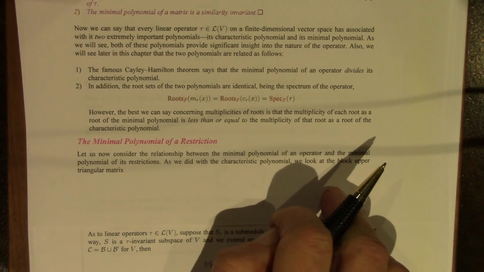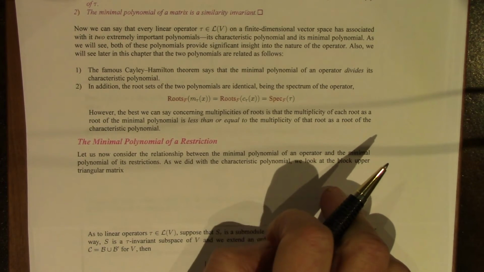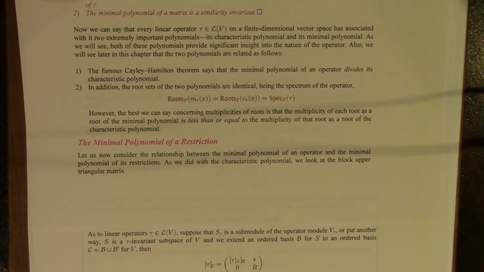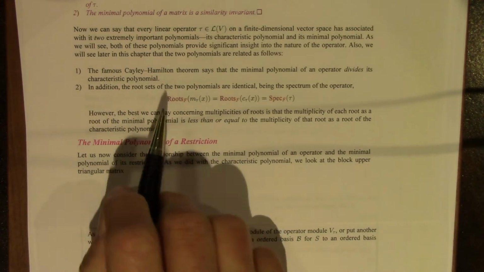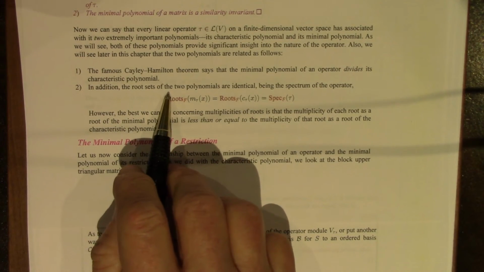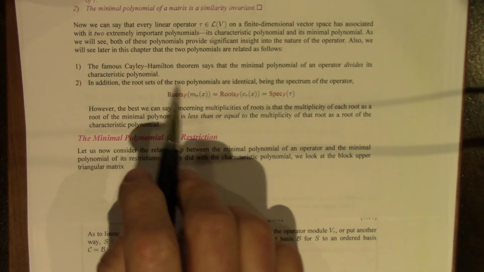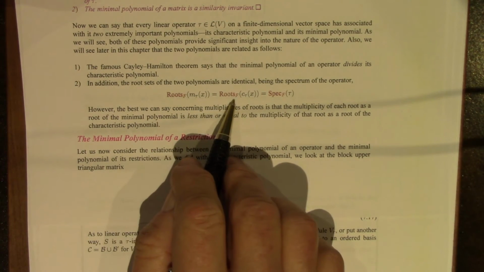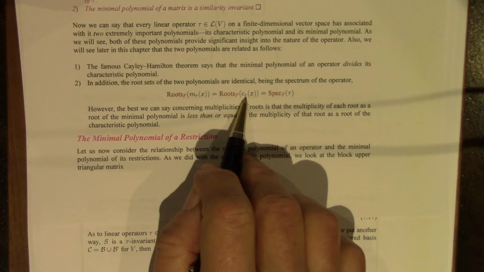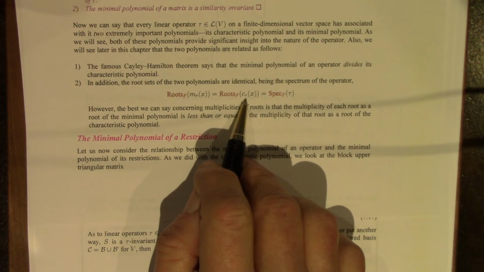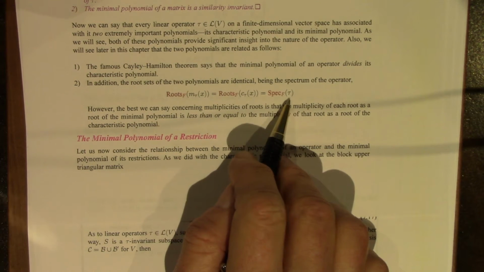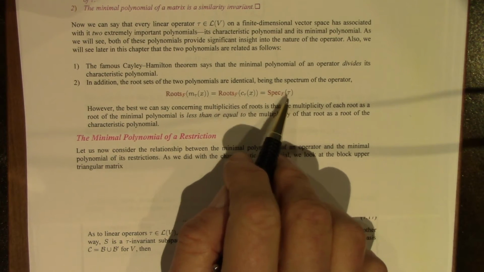That tells us, among other things, that the roots of the minimal polynomial are also roots of the characteristic polynomial, and therefore eigenvalues if they lie in the base field. But more can be said beyond that, and that is the root sets over the base field of both polynomials are the same. And so that's the spectrum of the operator, the F spectrum.